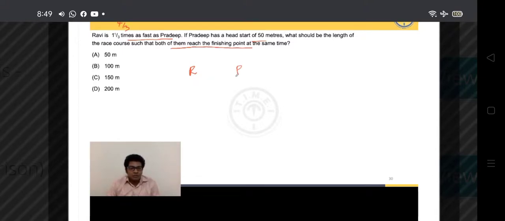So when Pradeep's speed is 1 meter per second, Ravi's speed will be 4/3 meters per second. Or when Pradeep's speed is 3 meters per second, Ravi's speed will be 4 meters per second. Got it? So the ratio is 4:3.